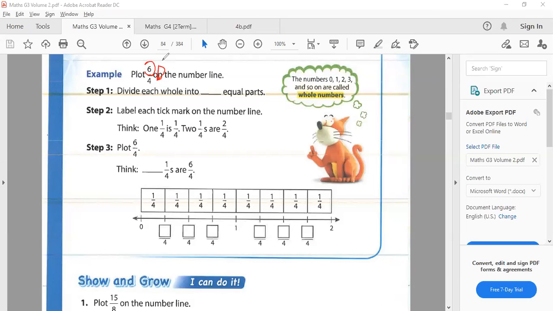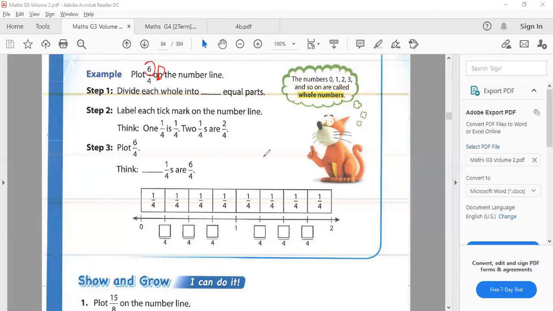How? If you have 6 cupcakes and you need to divide them among 4 of your friends, how many cupcakes will each one take?